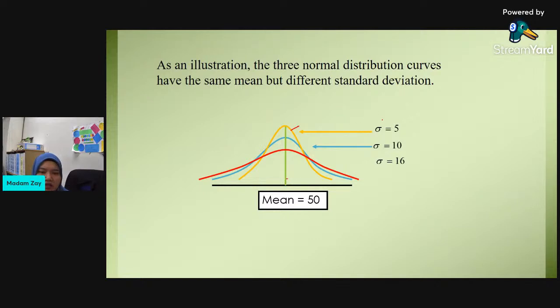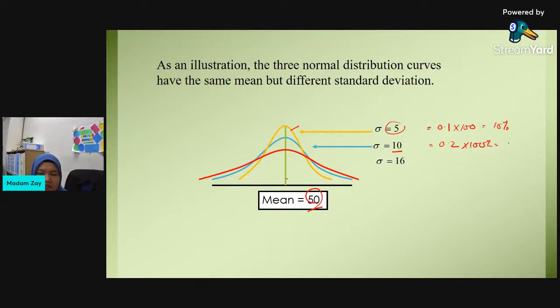Jarak mean tu kiranya nilai dia kecil dan kalau dulu kita explain macam mana? Standard deviation over mean. Kalau kita compare coefficient of variation. Siapa ingat kan? So 5/50 is equal to 0.1. Multiply 100% is 10%, right? Tetapi kalau 10/50 is 1/5 which is equal to 0.2.